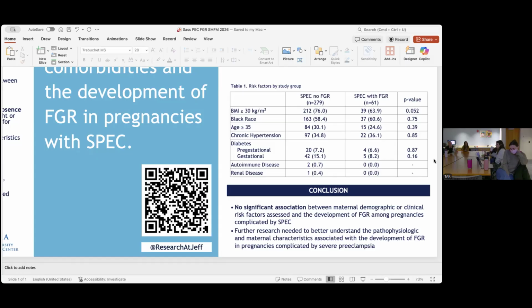Did you look the other way? I'm curious. There was another poster about FGR and severe preeclampsia, and they looked at that. We talked about it last week. I think they were diagnosed with FGR first and how many went on to have severe preeclampsia. That was the purpose of that.